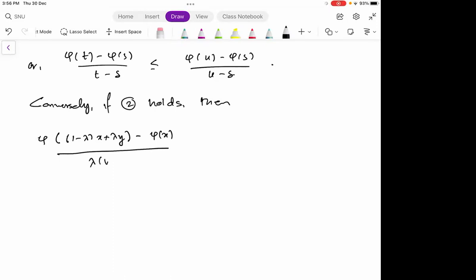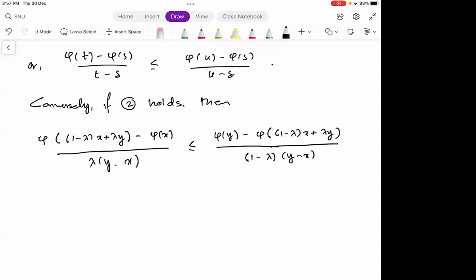T minus s will be lambda times y minus x, because t is (1 minus lambda) x plus lambda y. Less than or equal to phi y minus... y minus x cancels from both sides, and I'm left with, let us see what I'm left with.